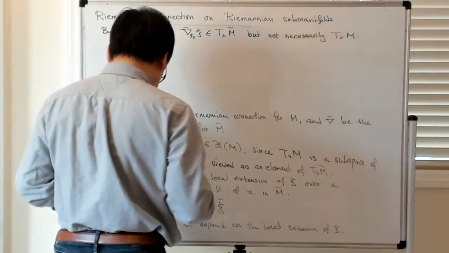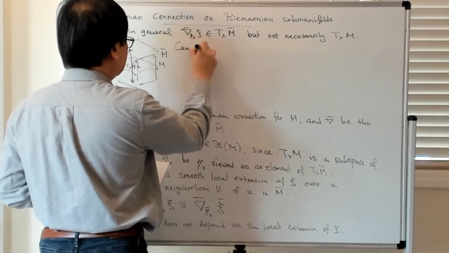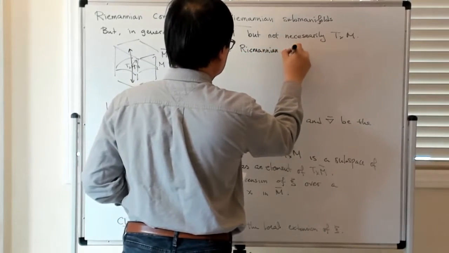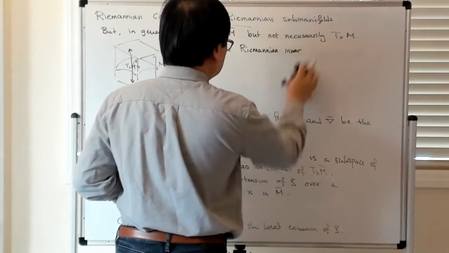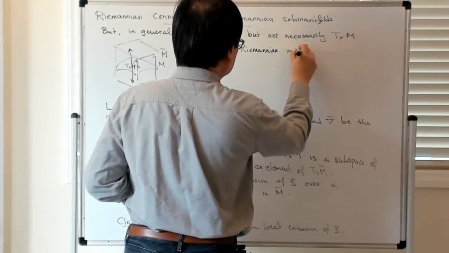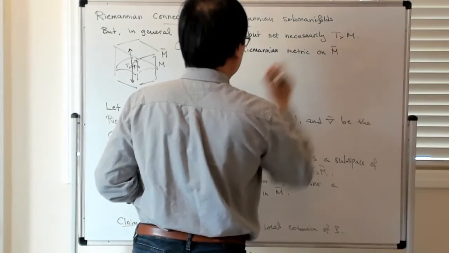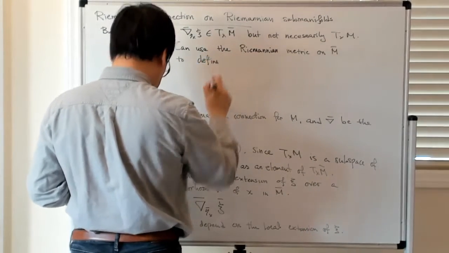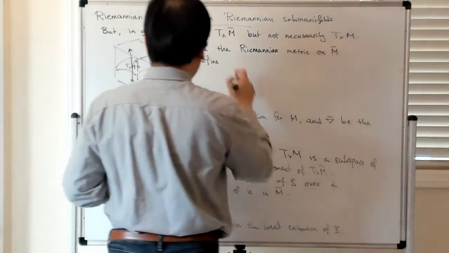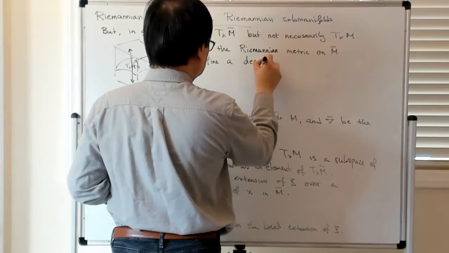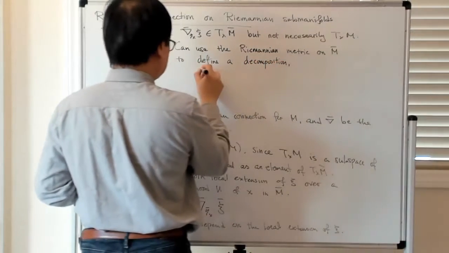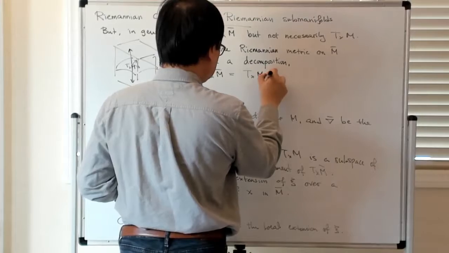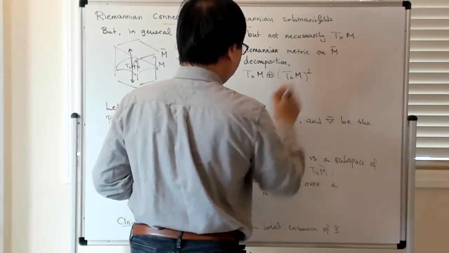So you can use the Riemannian metric on M bar to define a decomposition which is as follows: Tx of M bar is nothing more than Tx of M direct sum Tx M perp, if you will.